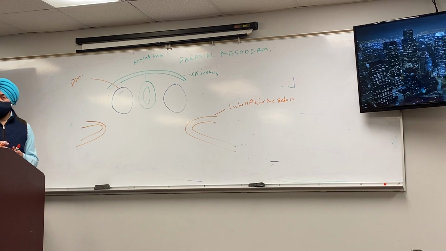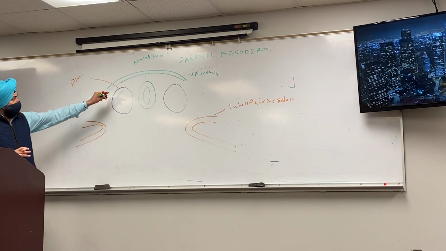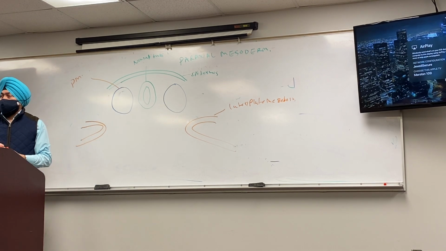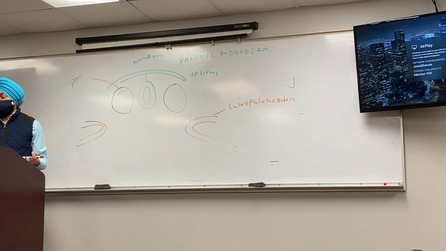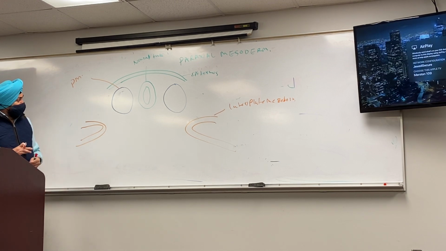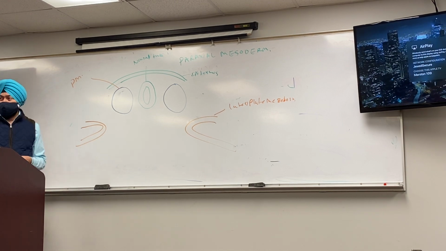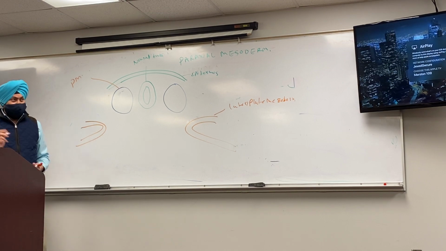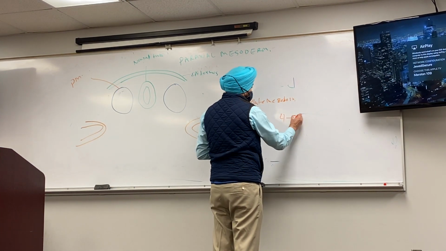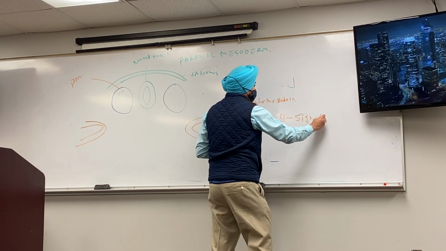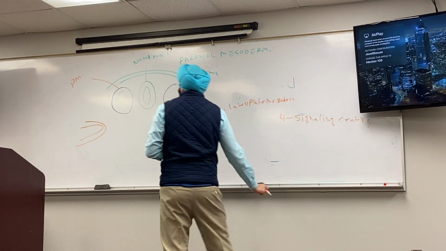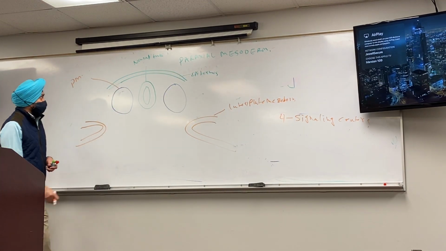Okay, now. So what this paraxial mesoderm is going to become depends upon the signaling center, what kind of signal it is getting. There are 4 signaling centers here which are controlling it. What are those 4 signaling centers?